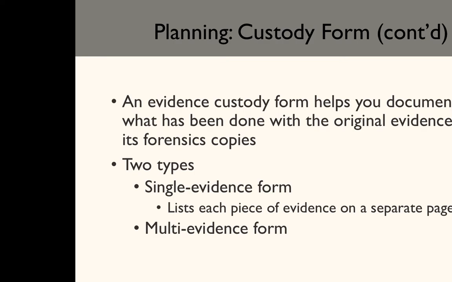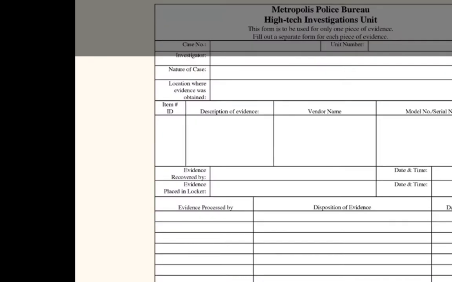Usually there are several types of forms used in the real world. There are forms that can document a single piece of evidence and also multiple pieces of evidence. I know this kind of stuff is not very technical, but it is very important too. Here is a real-world example of a form a police officer used to document the chain of custody.